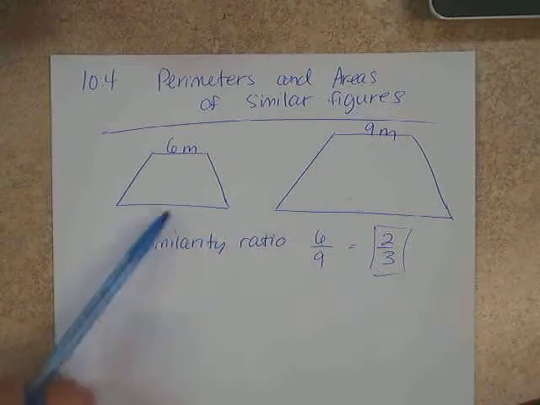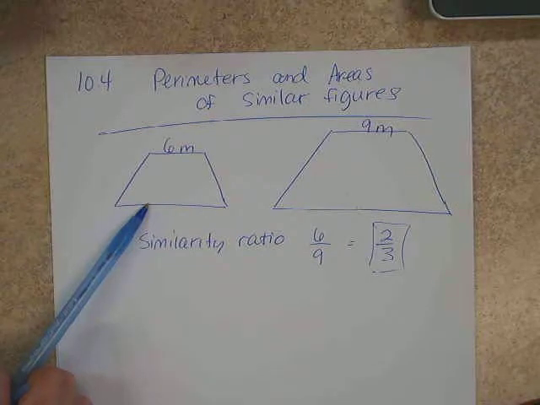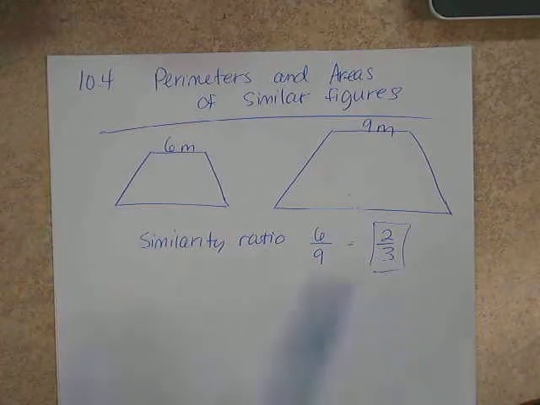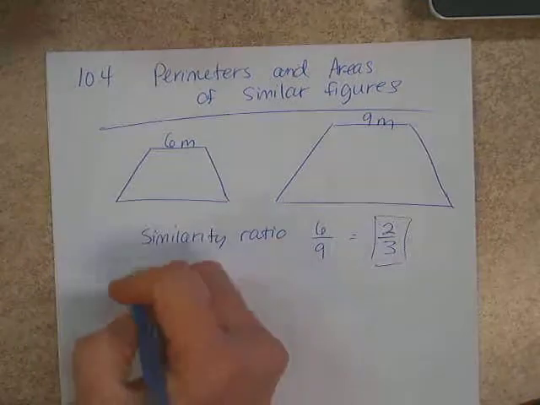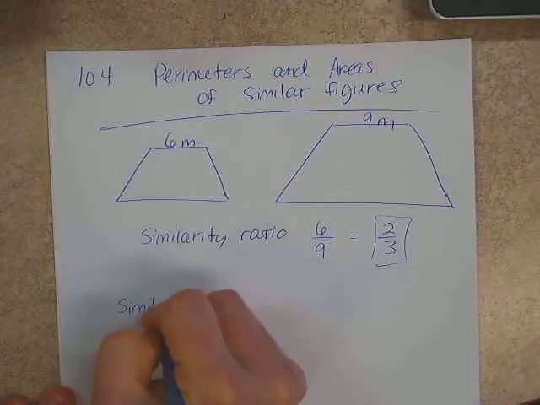It'd be like saying, well, if this shape is twice as big as that one, then the perimeter should be twice as big as the first perimeter, right? Does that make sense? So if you're dealing with lengths, then your perimeter ratio is actually the same as your similarity ratio, okay?